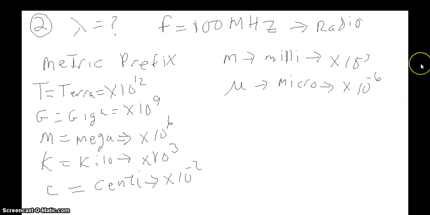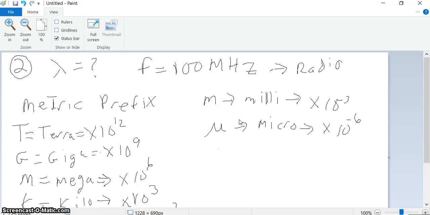I'm going to go over this in just a second. Let me just finish this, I didn't quite have room on my screen. So this is nano. Nano is times 10 to the minus 9th. And then the final one is pico.